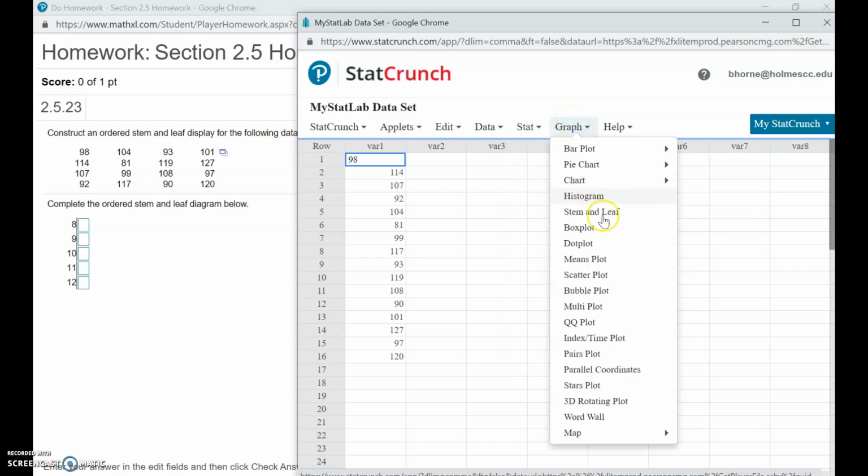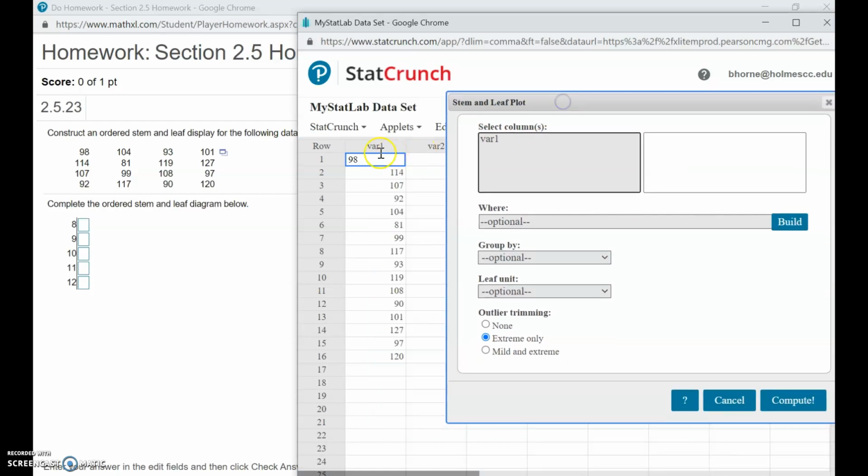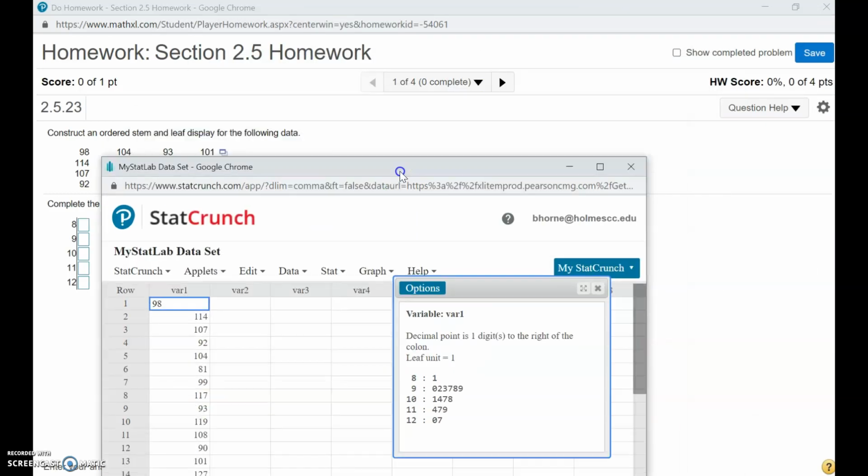So go to Graph, go to Stem and Leaf. It's asking us what column. Well, var1 is our column, so I'm going to select it, and that's all you do, hit compute. And here's our stem and leaf: 8, 1, 90, 92, 93, 97, 98, 99.